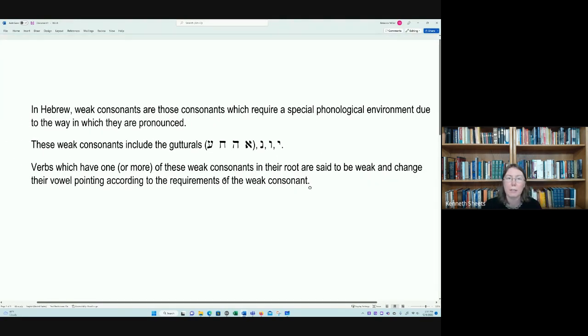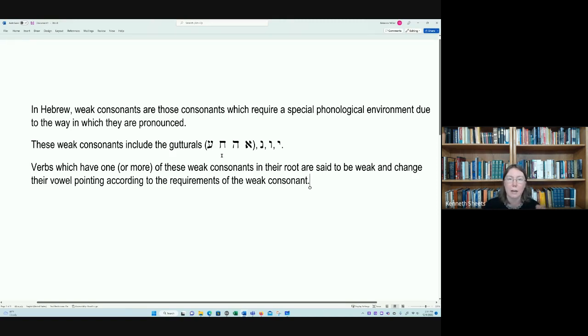These are consonants that are going to require special phonological accommodations, special vowel accommodations, because of the way that these particular consonants are produced, that is, the way that they are pronounced. These weak consonants include the gutturals. So remember, those gutturals are aleph, hey, khet, and ayin. Because of the way that they are formed, they're going to require certain accommodations.